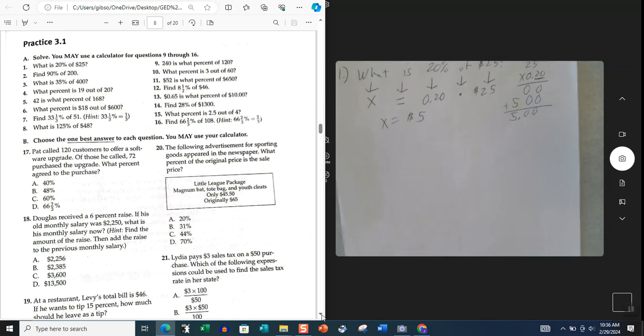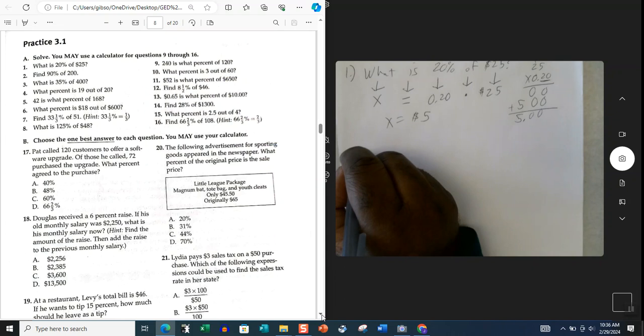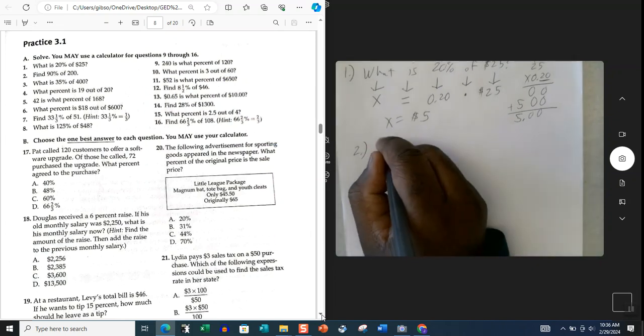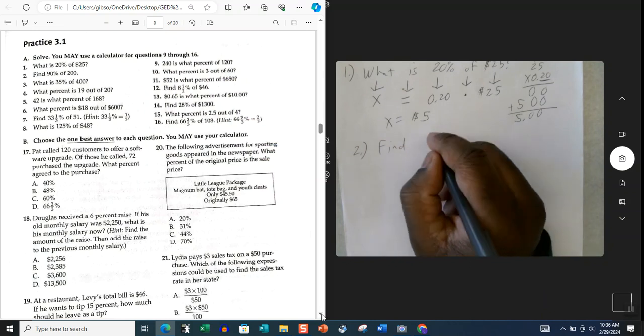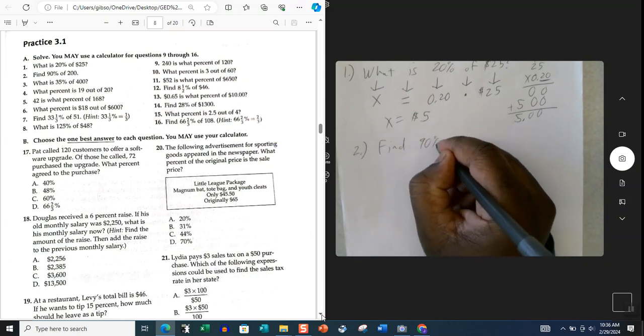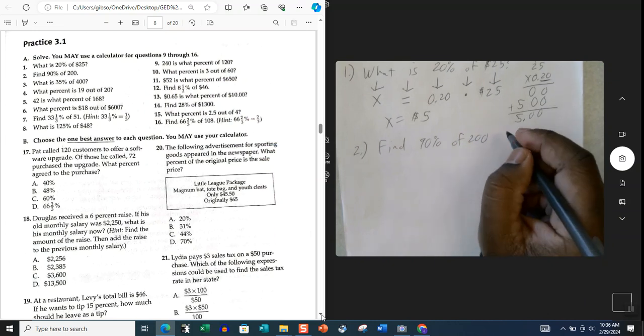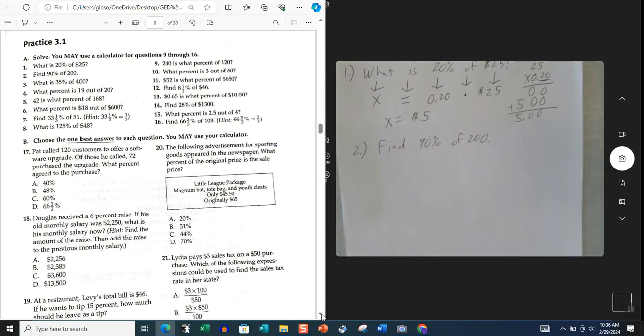Okay, now we move on to problem number 2. It says find 90% of 200. I'm not going to write out every last sentence, but I'm doing this to give you a context on how to solve these problems.